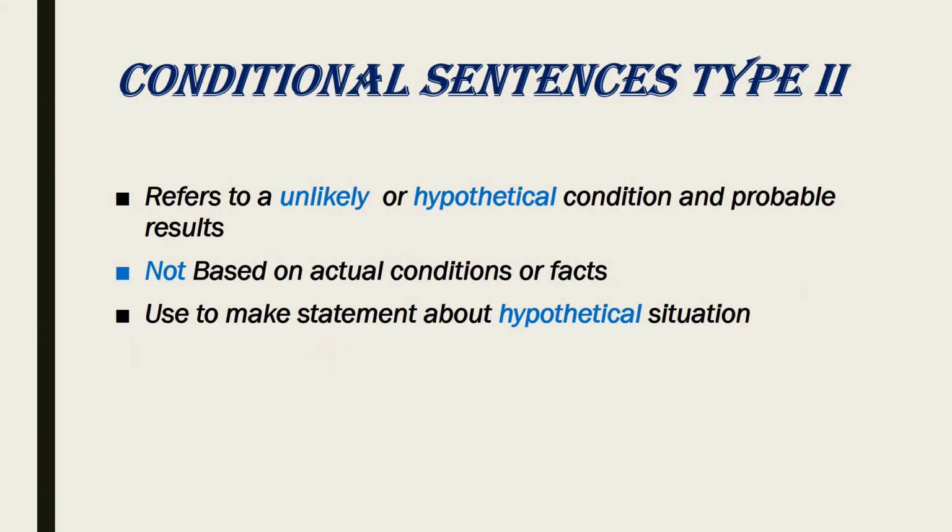Conditional type 2: you have to come back to your own chapter, chapter number 11, page 114. Here we have conditional sentence type 2. It is opposite to type 1 because it refers to an unlikely or hypothetical condition.